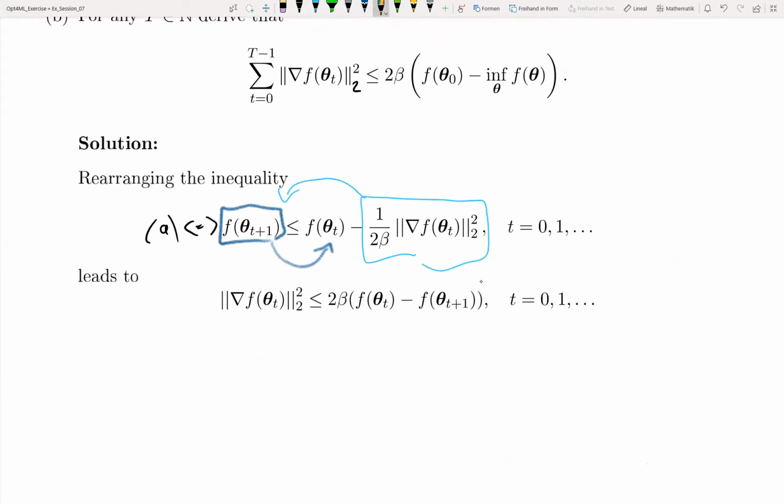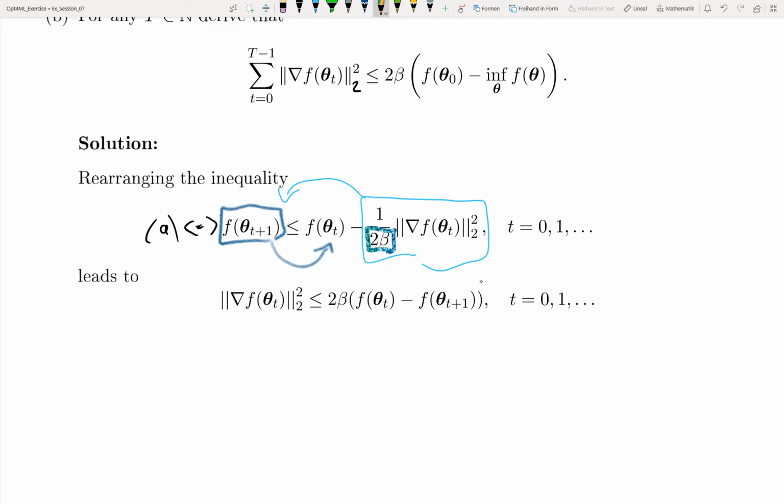We multiply the entire inequality by 2 times beta, and what do we get? Exactly this here. The squared gradient is on the right-hand side. F theta t plus 1 is on the right-hand side. The difference between the two is multiplied with this 2 times beta.